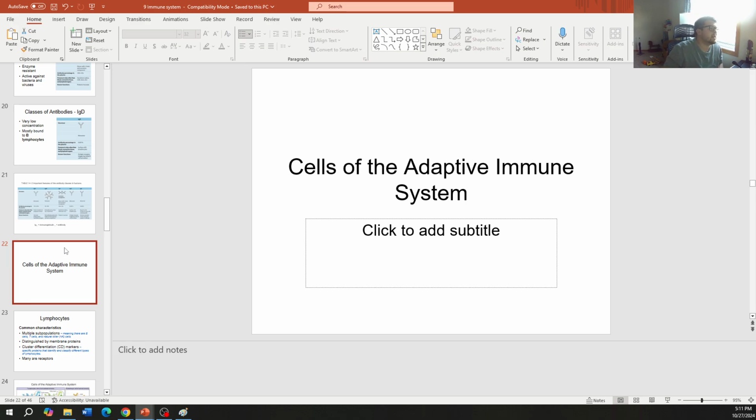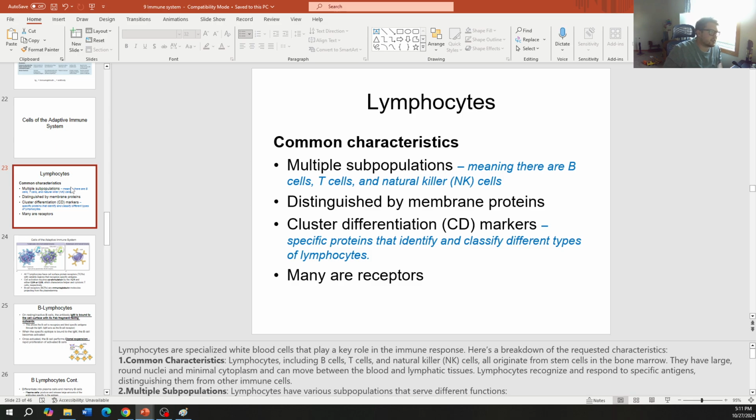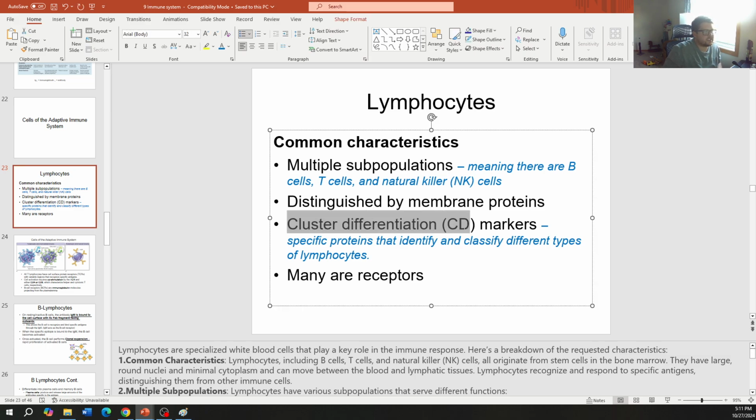Okay, continuing. Cells of the adaptive immune system. We have lymphocytes. We've seen lymphocytes a lot already. Just going to touch on a couple of extra things. They have what are called cluster of differentiation markers, also CD markers. This is the way that we identify and classify our different lymphocytes.